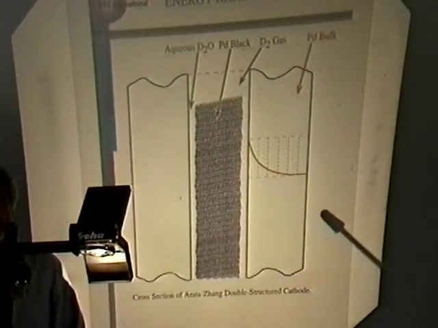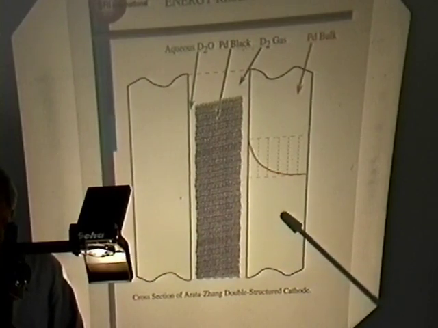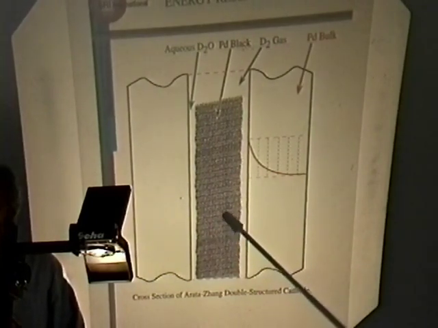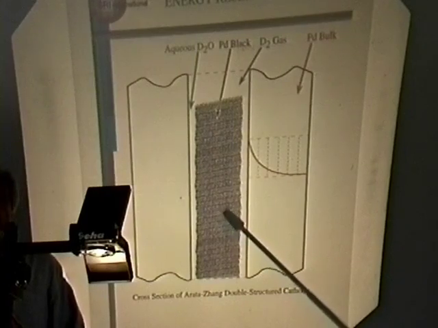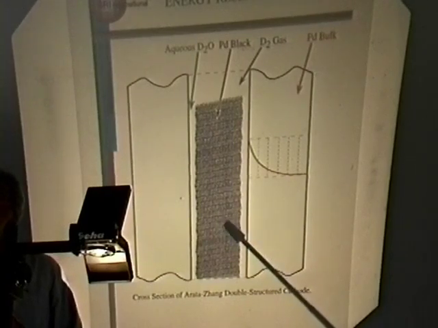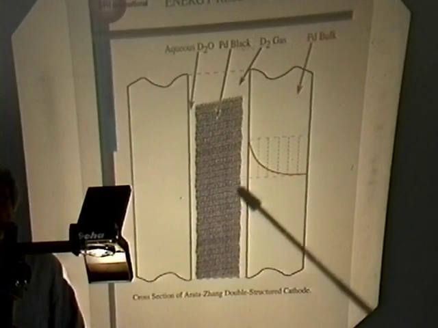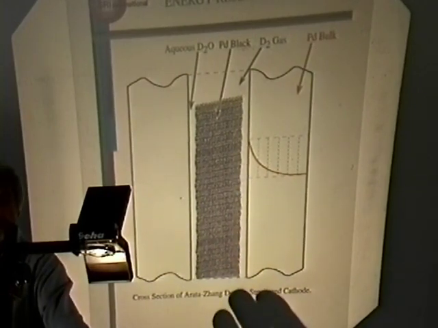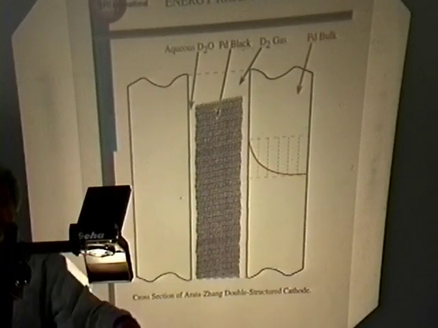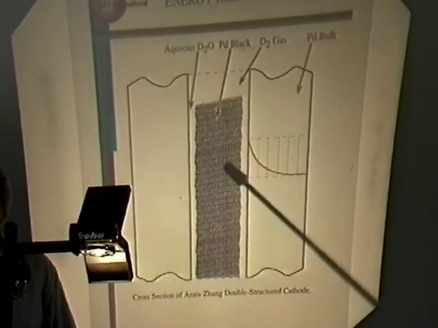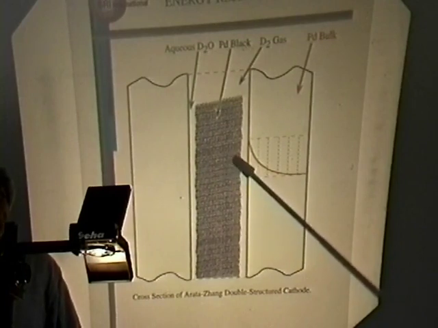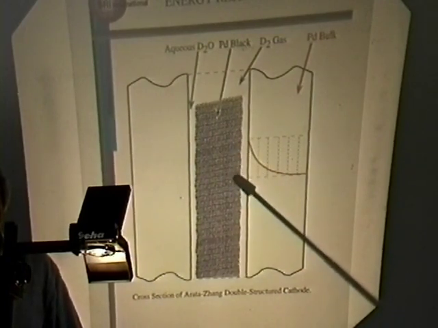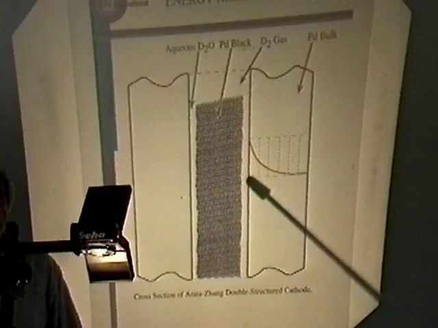Deuterium or hydrogen in the reference cells go through the walls of the bottle and enter the void volume in the middle, containing palladium black. If there are any special properties associated with the palladium black, then we might hope for some heat production or helium production, as have been reported on several occasions by Professors Arata and Zhang.